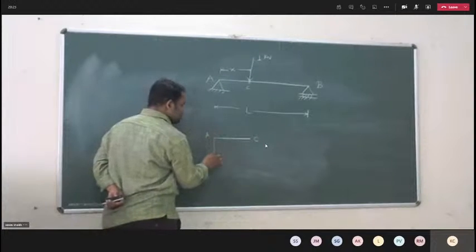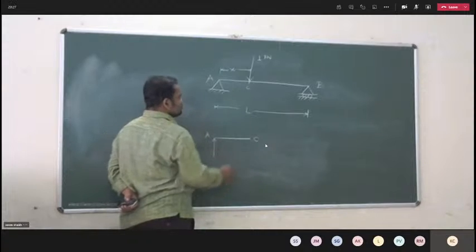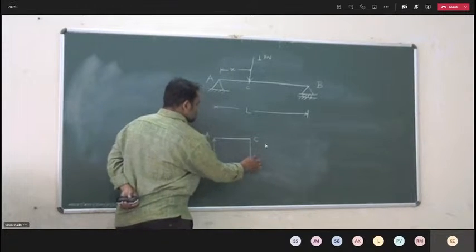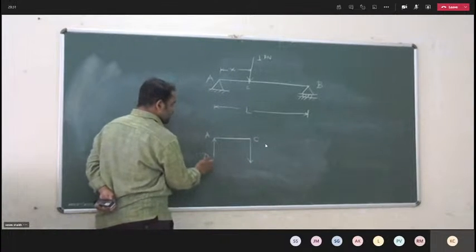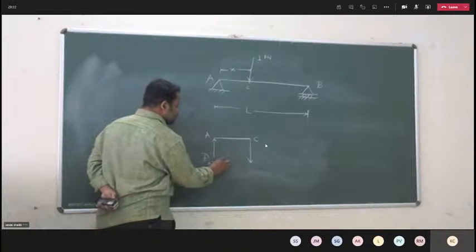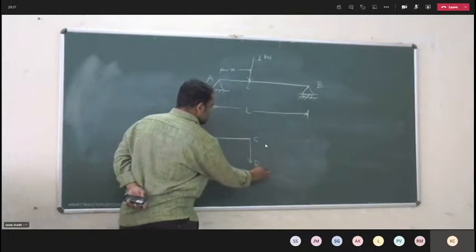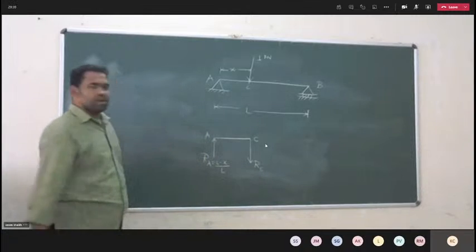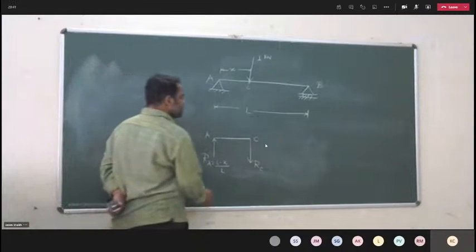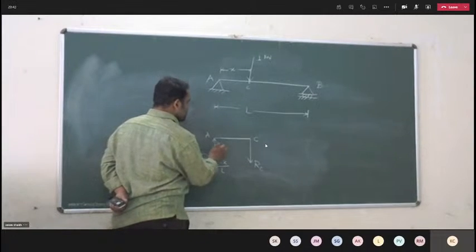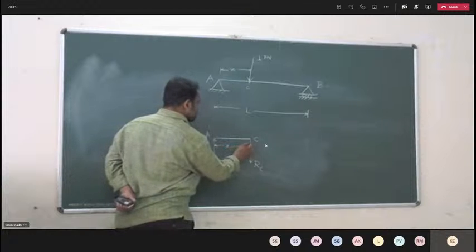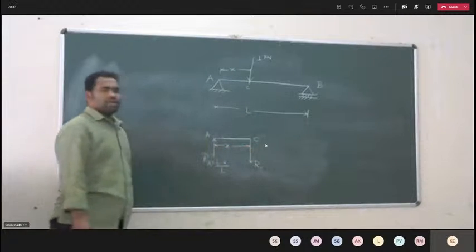Consider the two parts. This is your RA. The value of RA is known to you, (L minus x) by L, and this is your RC. RA is upward, RC is downward. This is in equilibrium. The distance between A and C is x.